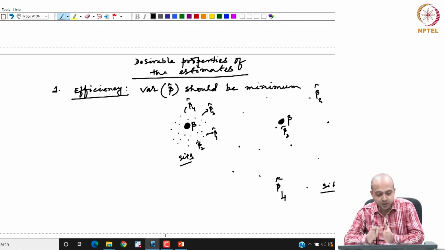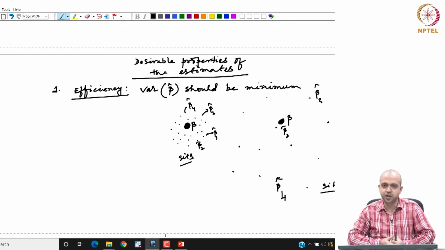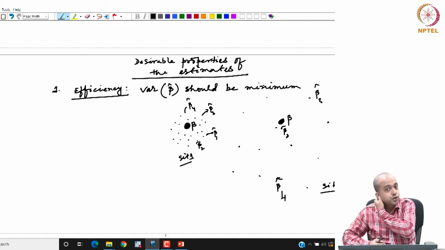But the way we have explained this case, it appears like we are going to draw 100 samples from the population, and we will estimate 100 such beta hat values, and then we will compute that variance, and then we will check whether the efficiency property is satisfied or not. But actually in reality we will collect only one sample, we will estimate only one beta hat, but we will ensure the minimum variance property. Why? How? Because of a statistical procedure.